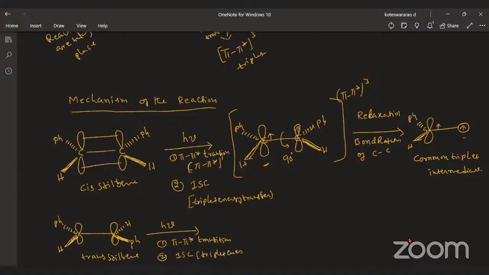That is the triplet energy transfer. Now it leads to the formation of a triplet energy state, that is the pi to pi star triplet energy state. The arrangement is like this.